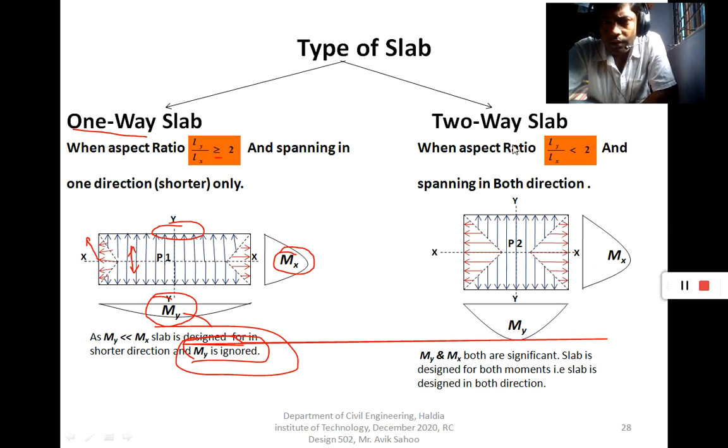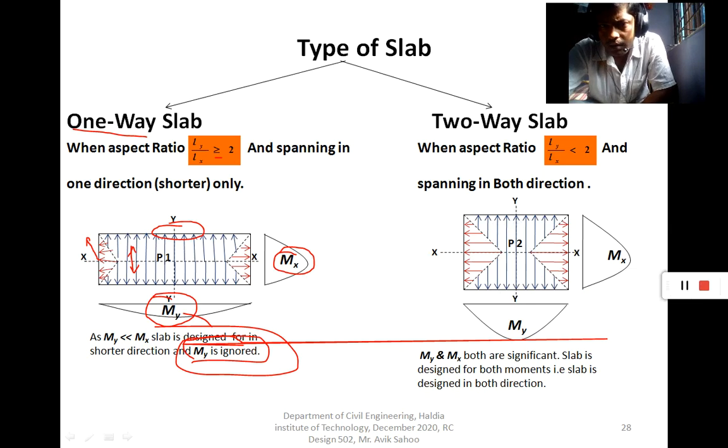And when the aspect ratio is less than 2, then the slab spans in both directions, meaning a significant amount of load is transferred in both directions. So both spans are considered.